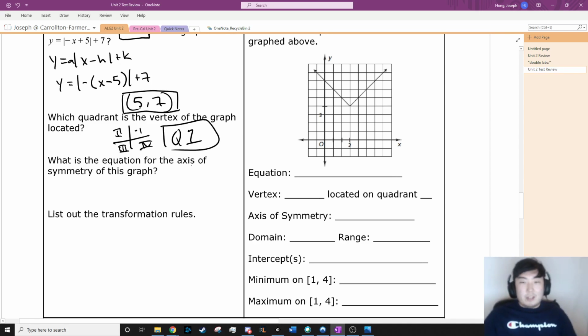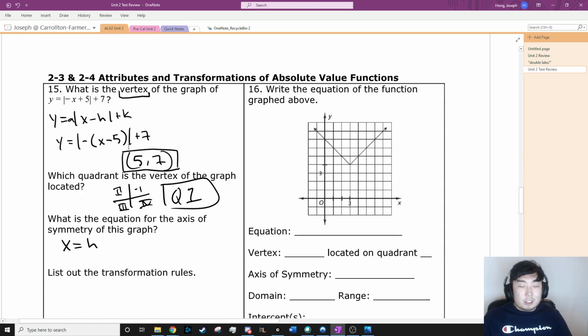What is the equation of the axis of symmetry of this graph? The equation is x equals your h from the same problem. My h is 5, because isn't my vertex (h, k)? So really this turns into x equals 5. Pretty simple.